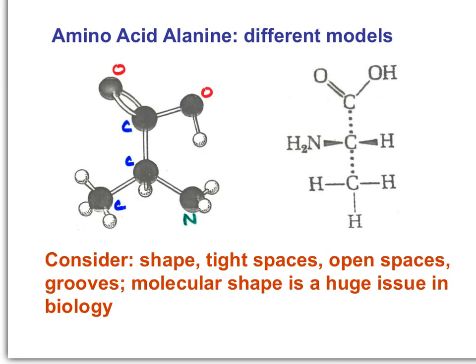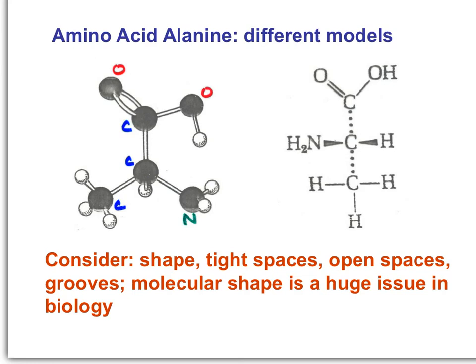As you think about three-dimensional shape, I want you to consider that there are tight spaces and open spaces and grooves. In other words, there are nooks and crannies of molecules that are important to the interaction of molecules with other molecules. For example, molecules being acted on by enzymes.